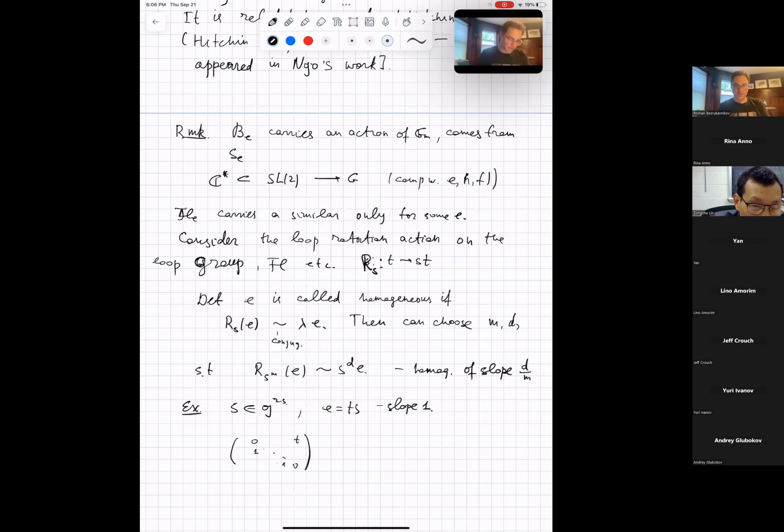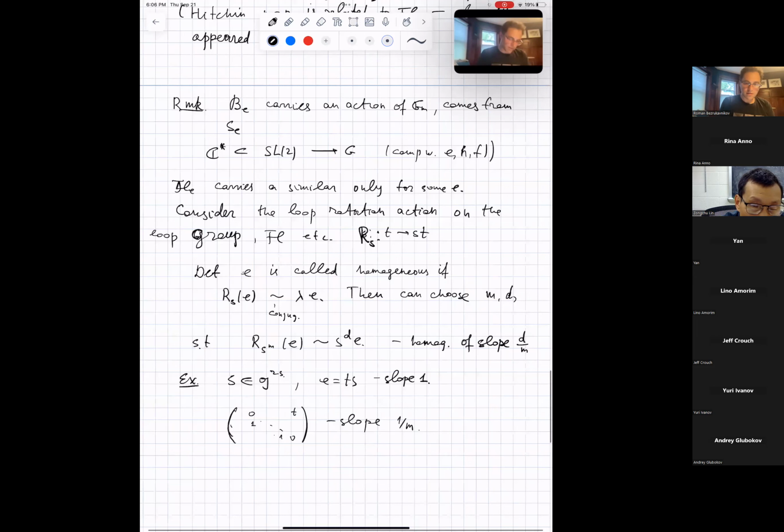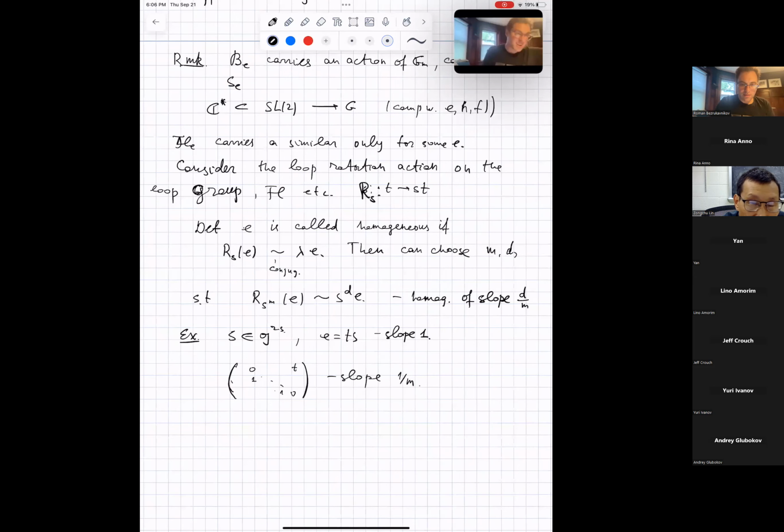So S belongs to what? It's a regular semi-simple matrix S. I thought that S was a number. S was an element of G_m. Okay, that's a good point. I'm sorry, it's a conflict of notation, so let's change it because I'm used to x.